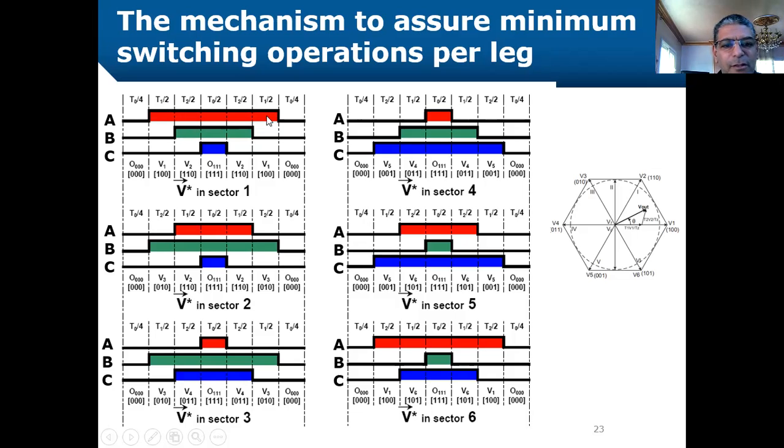So their sum is T1 plus T2. And also we have T0 divided by 2. So we can simply get the law for switching the switch A. We call that the A minus is the complementary of this pulse. So if we get this, the other one is obtained directly.